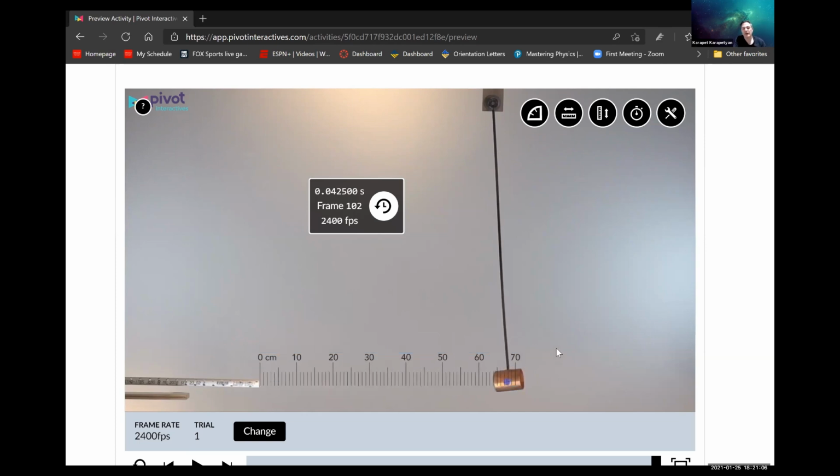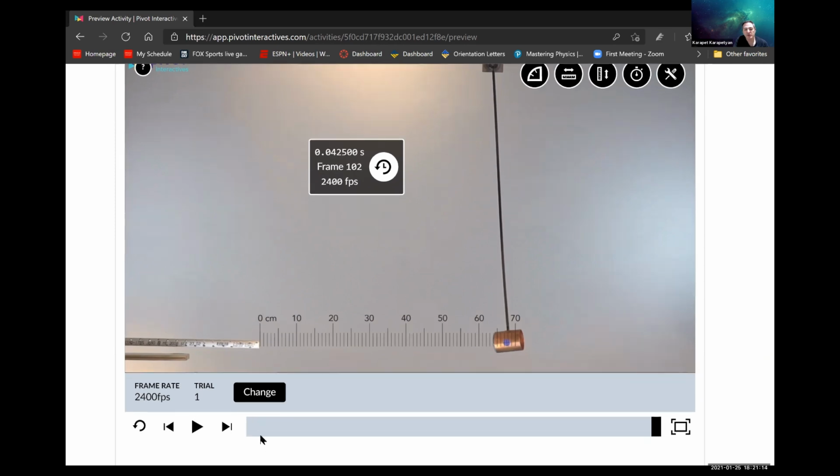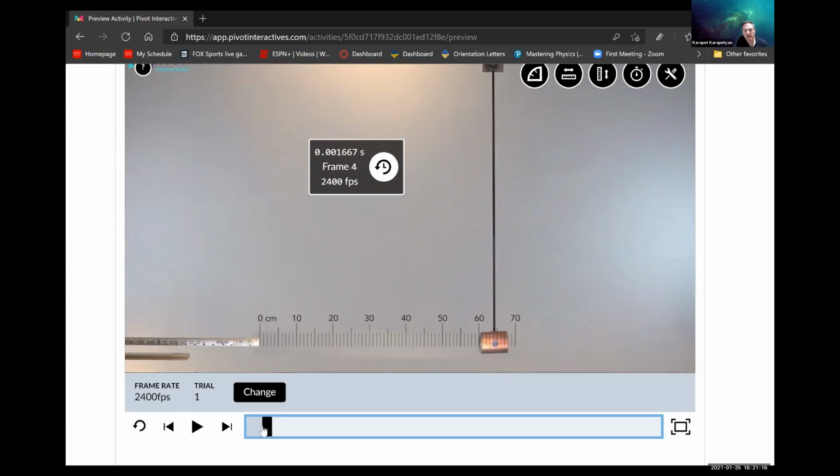One thing you have here is the distance. You have a ruler that you can use to measure the distance. Then you can look at the instant they shoot the bullet, or the marble, if you want to call it.